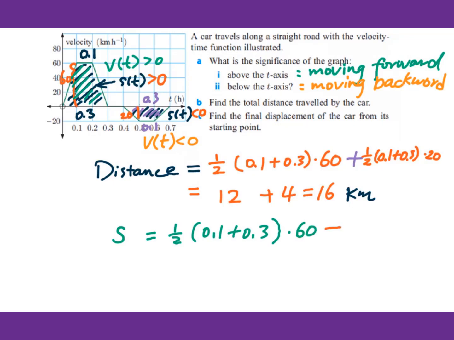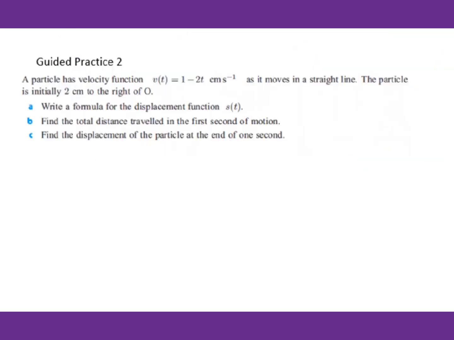Then you need to subtract the area of the trapezoid below the t-axis. So we have 1/2 times 0.1 plus 0.3 times 20. Your answer will be 12 minus 4 equals 8 km. Now let's go to guided practice 2.